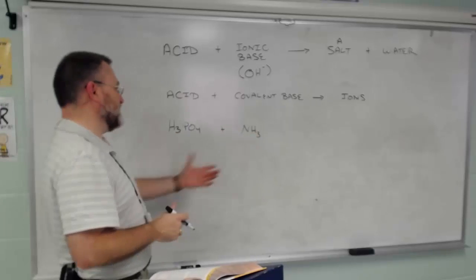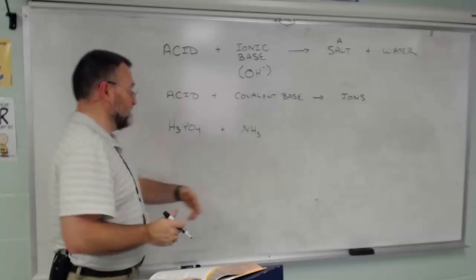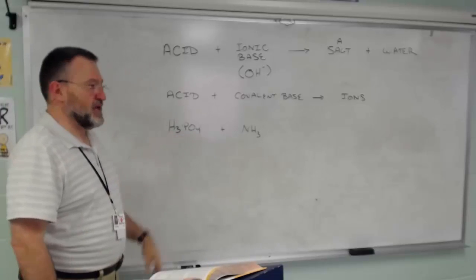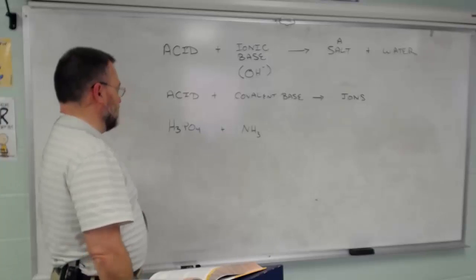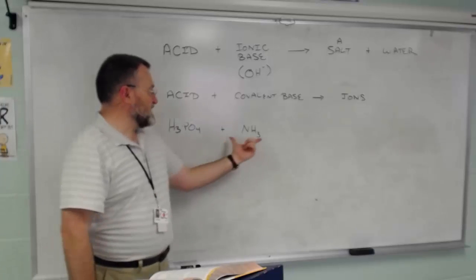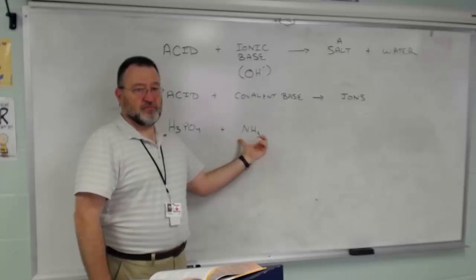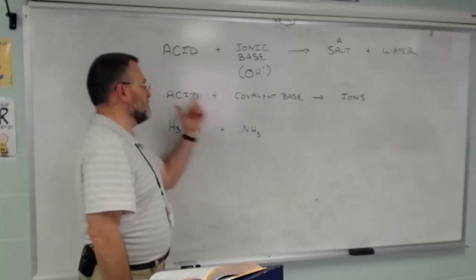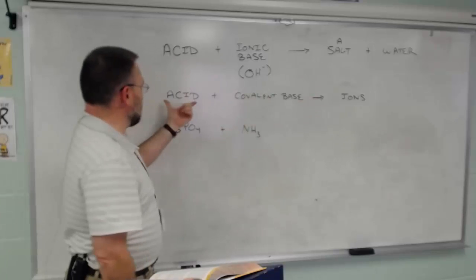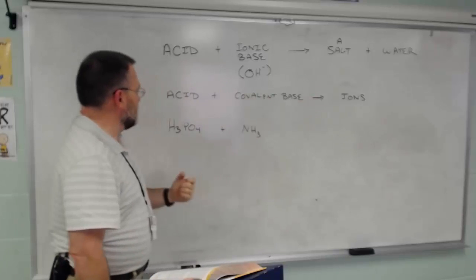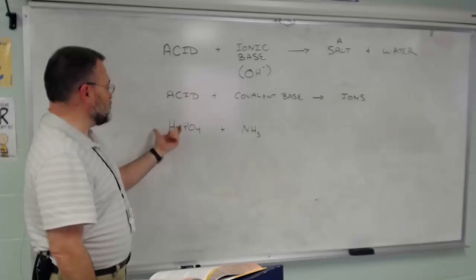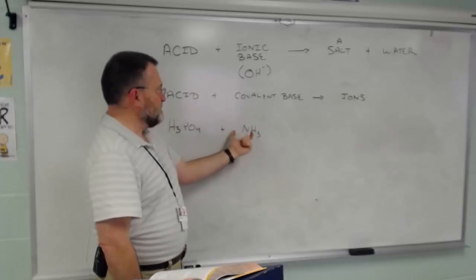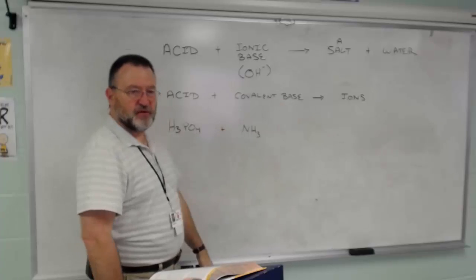Okay, you probably could have recognized this as the base anyway, but this one has hydrogen leading. You probably would have assumed it was the acid anyway. So we have an acid, and what kind of a base? Is this an ionic base or is this a covalent base? Covalent base. So we're following this example here. The acid and covalent base, meaning we're going to expect the hydrogen to add one hydrogen each to the base to produce ions. What's that going to look like?